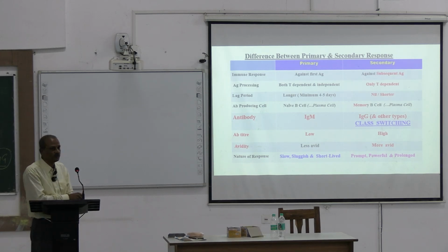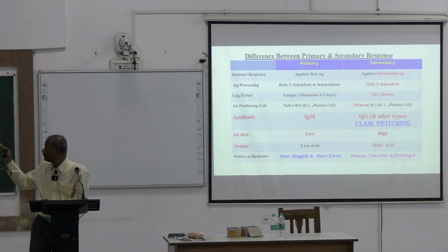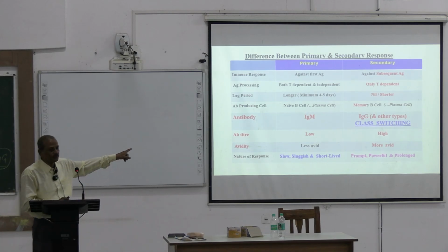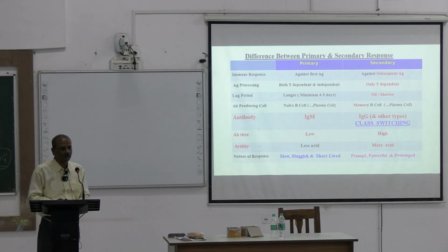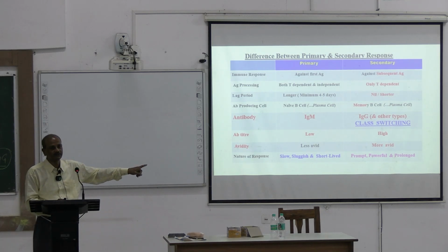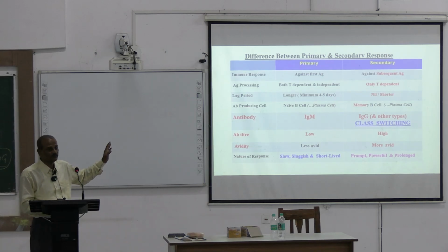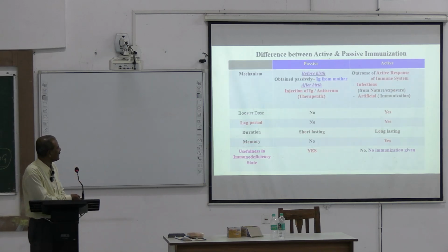And nature of response: triple S, it is slow, sluggish and short-lived because of this structure which I have shown you. And the secondary response is prompt, powerful and prolonged. So 3 S's are there, 3 P's are there. You remember it in that way.